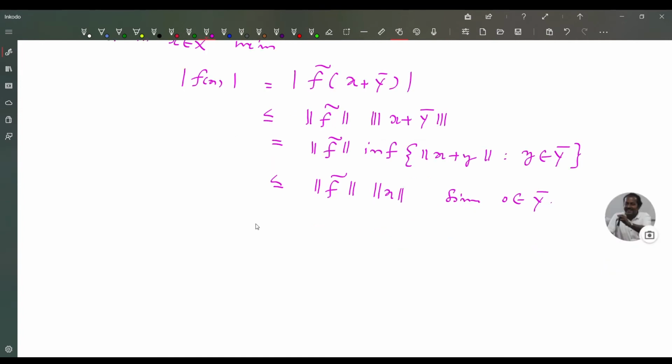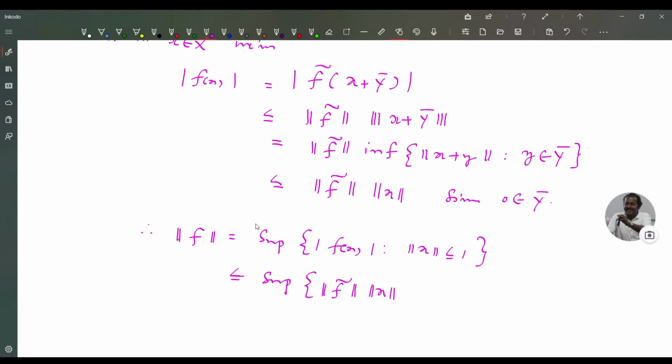Therefore, norm f equals the supremum of modulus of f of x such that norm x is less than or equal to 1. So this is less than or equal to the supremum of norm f tilde into norm x such that norm x is less than or equal to 1.